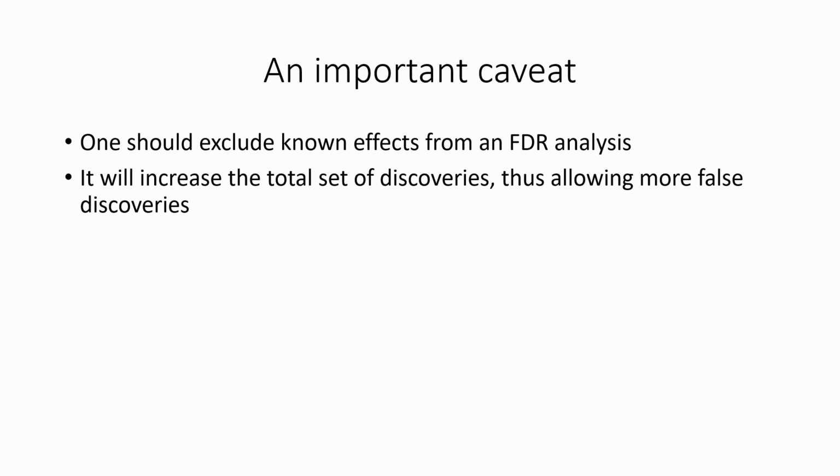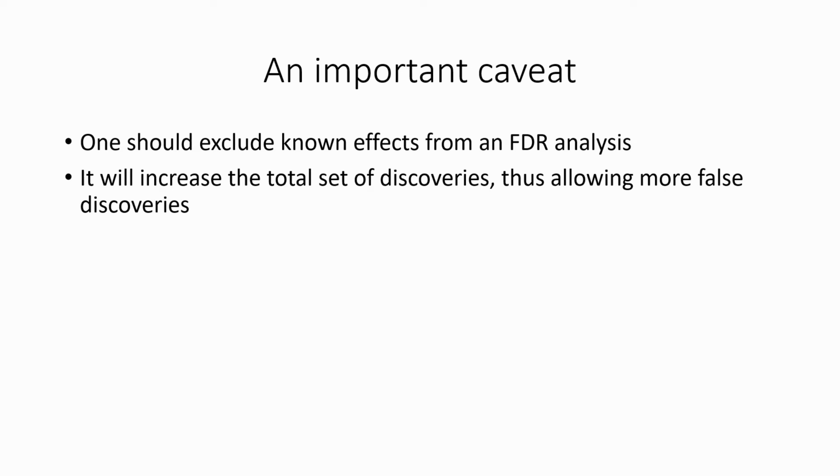If we go back to the example of genes, let's say we test 20,000 genes. We look for genes which are related to some disease, and we already know before even running the experiment, based on literature, that 100 genes are already known to be significant. They are associated with the disease that we study.